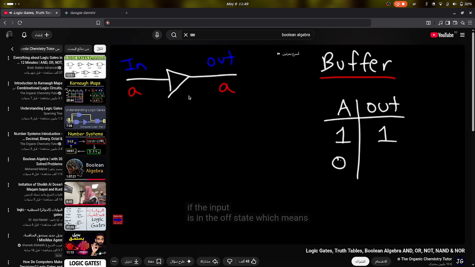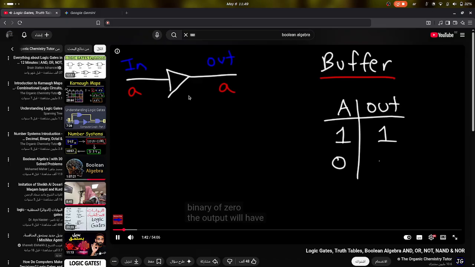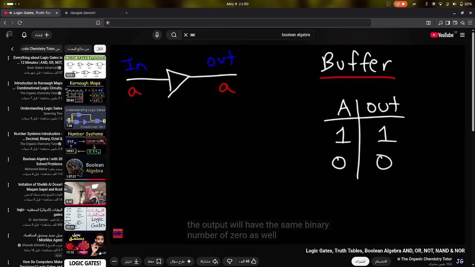If the input is in the off state, which means it has a binary of 0, the output will have the same binary number of 0 as well.